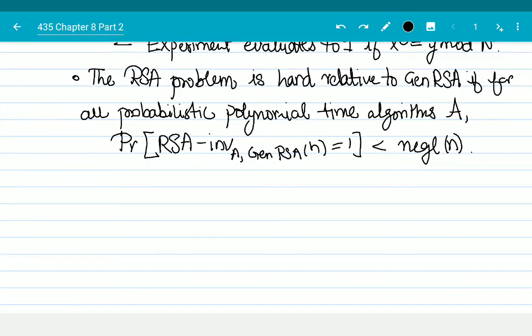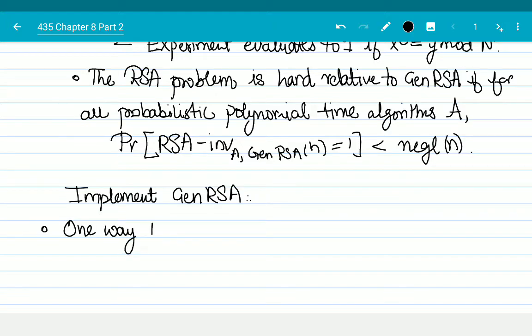Okay. So how do we implement such a general RSA? Implement gen RSA. Well, it is actually much easier to come up with this algorithm, because one way to implement gen RSA is as follows.